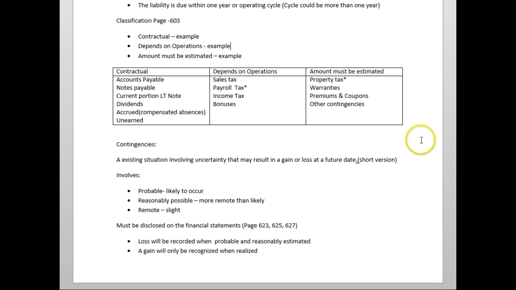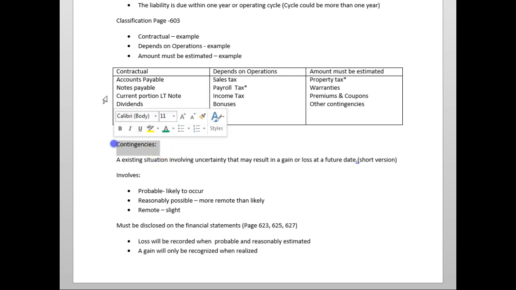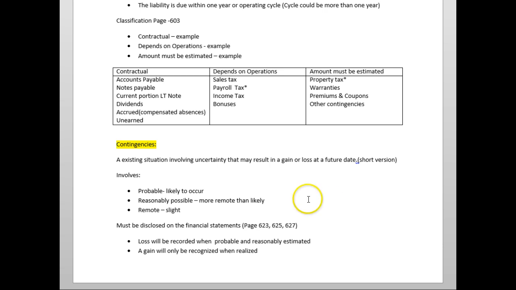And other contingencies flow under this amount that must be estimated, which takes us to our next topic, contingencies. A contingency is an existing situation involving uncertainty that may result in a gain or a loss at a future date. And that's a very short version of a contingency.